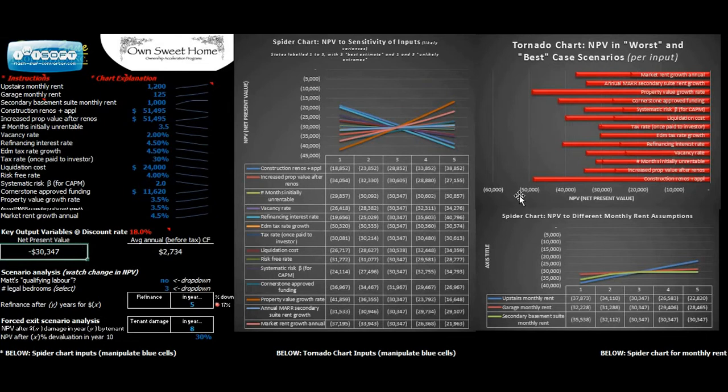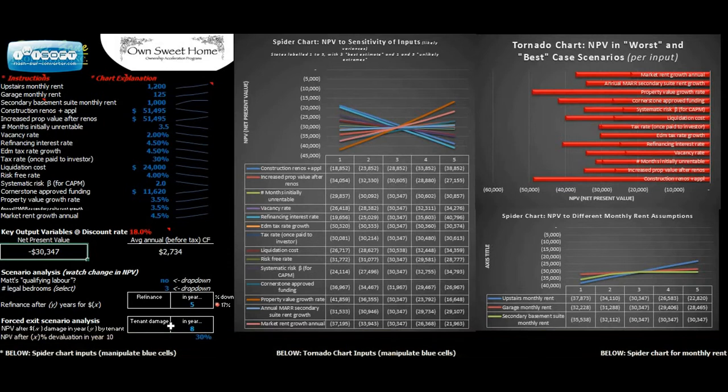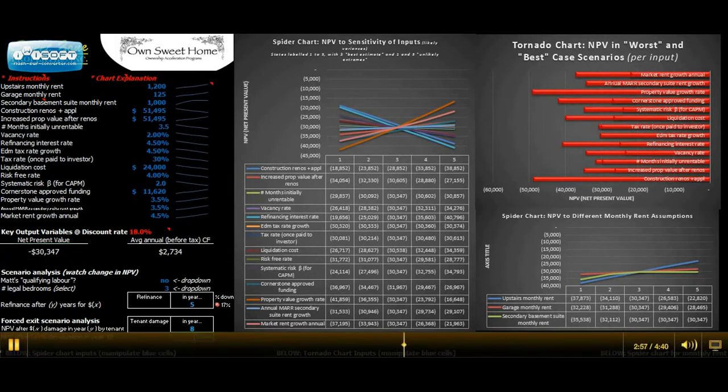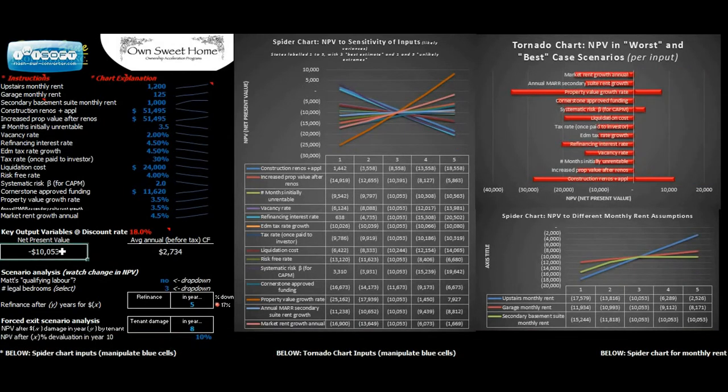You can see everything here is very negative. All these inputs are very negative. You're basically getting into the ball game just to lose money. All of this negative, negative, negative, negative. So you never want to get into something if you think there's going to be that much of a devaluation. Let's say there's a 10% devaluation. Again, 10 grand is the NPV.